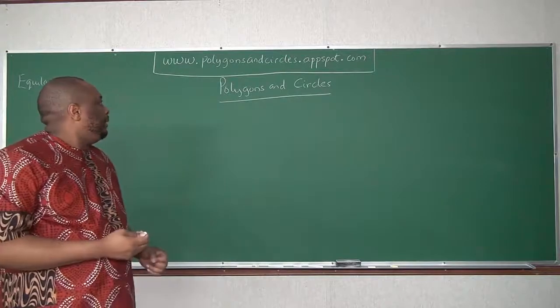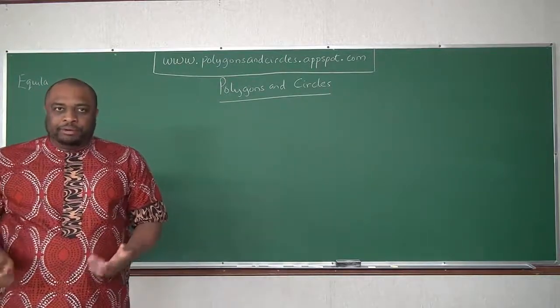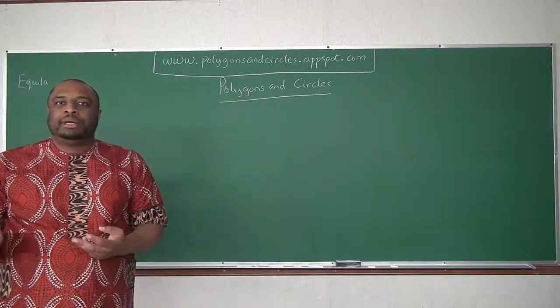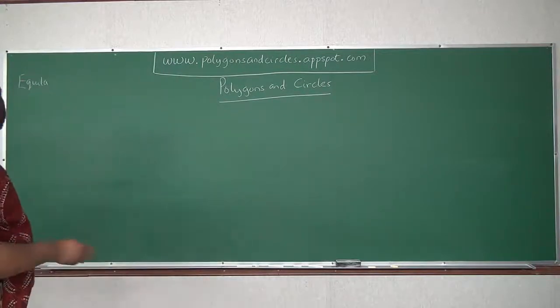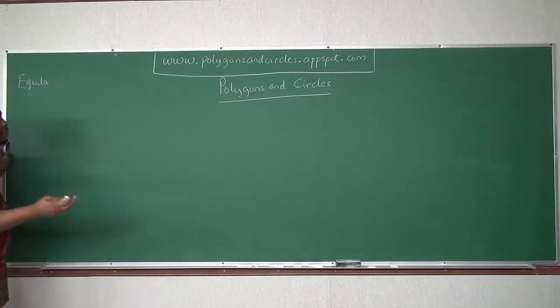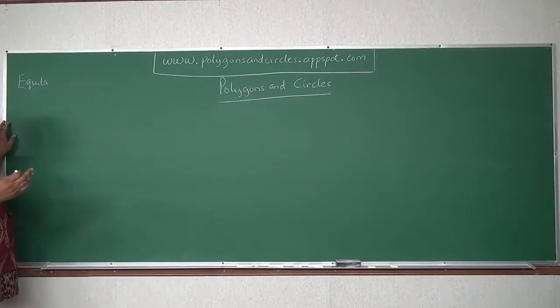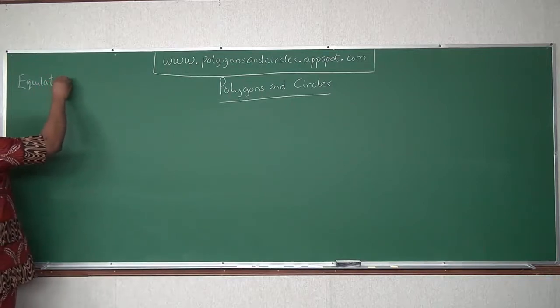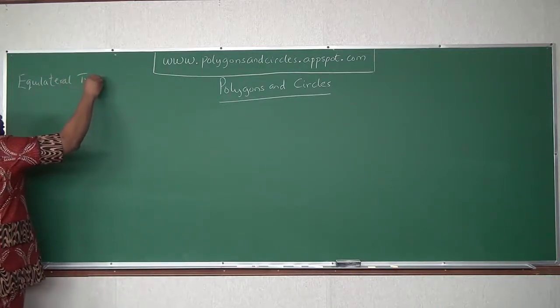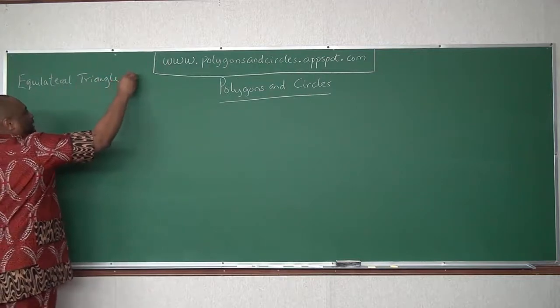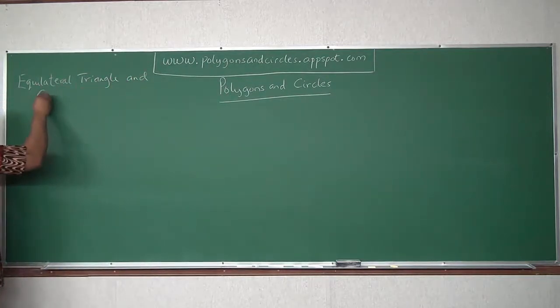A two-dimensional figure is closed and it has straight sides. So when we talk about a triangle, a regular polygon, rather than say regular triangle, we say equilateral triangle and circle.